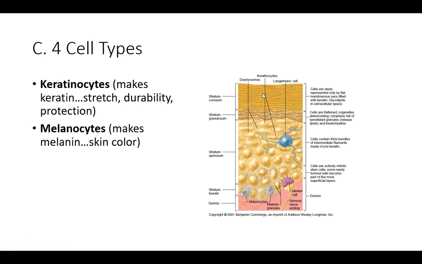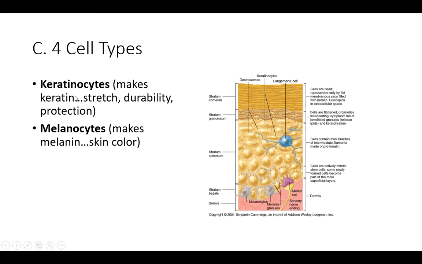Melanocytes make a pigment called melanin that we talked about under the protective function just a second ago. That melanin is responsible for the color of our skin. There are a couple of different kinds of melanin that get produced that we'll talk about. But here you see the melanocytes, the gray structures in this diagram.